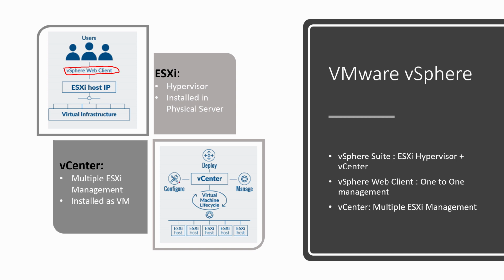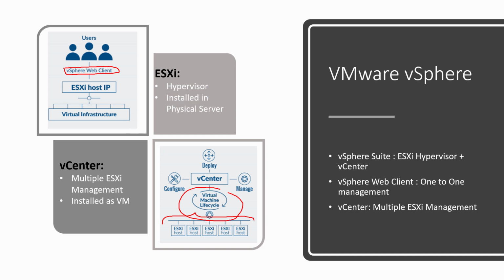vCenter is a licensed product that allows you to configure, deploy, and manage the entire virtual machine lifecycle from a centralized location. The vSphere Web Client is for managing one host at a time, and vCenter is for managing multiple ESXi hosts.